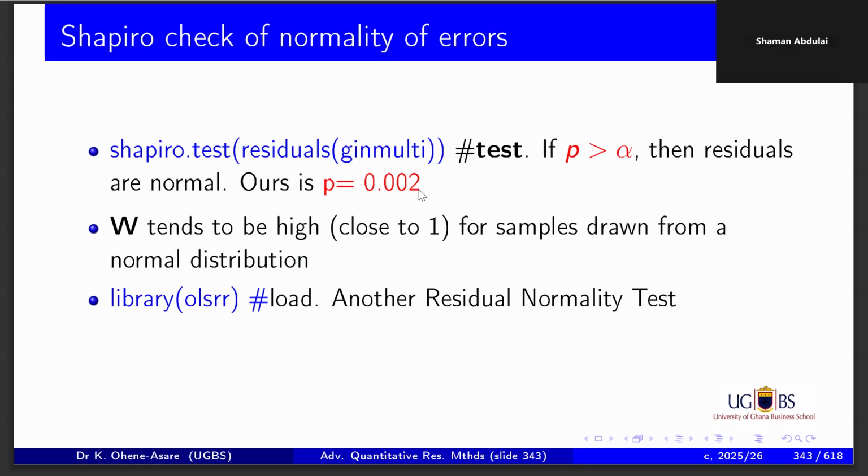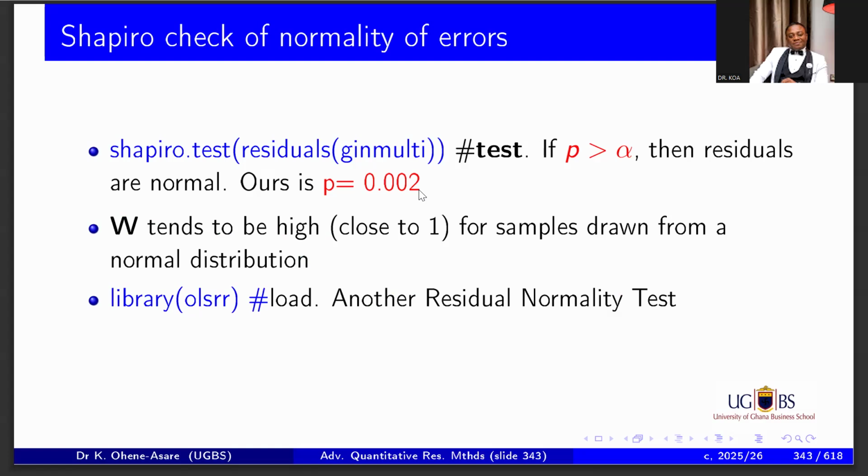Are they normal or not, Shaman? They are not normally distributed. Exactly. So it appears that one of the assumptions of normality necessary for OLS regression has been violated. So that is one thing to take note of.